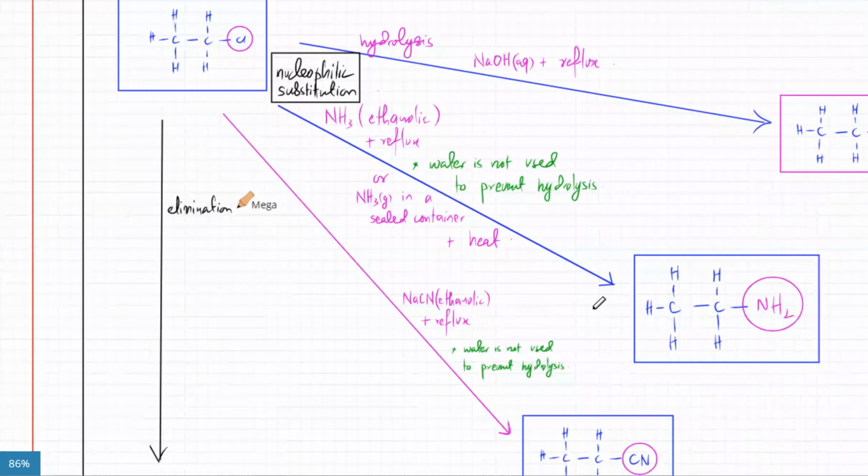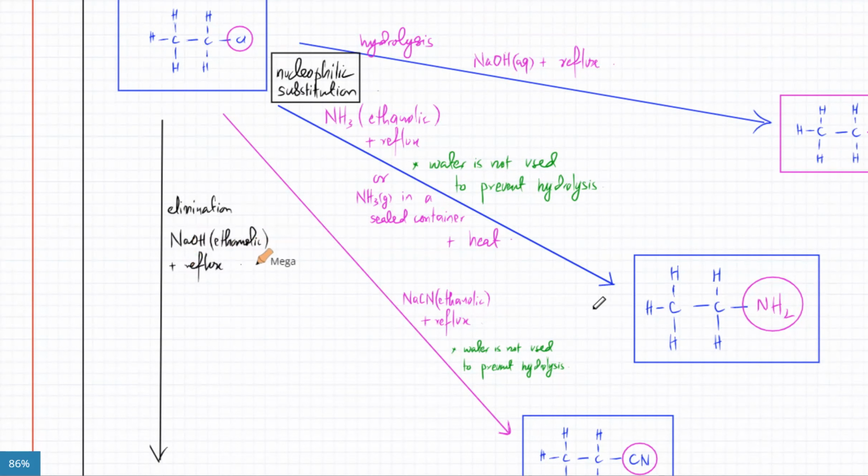So that's known as an elimination reaction. The conditions that are used for that are NaOH, ethanolic. And again, it's reflux. So those are the conditions that are used.